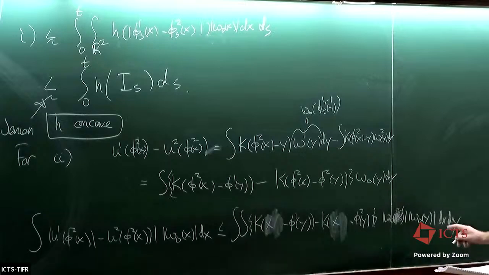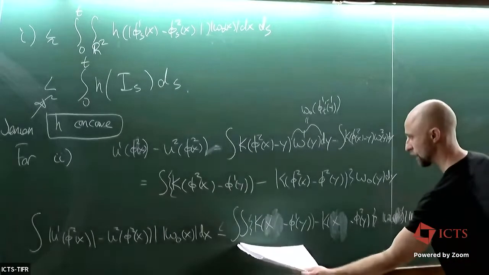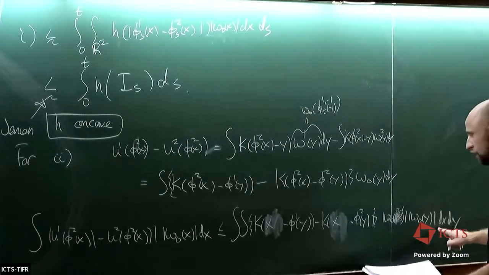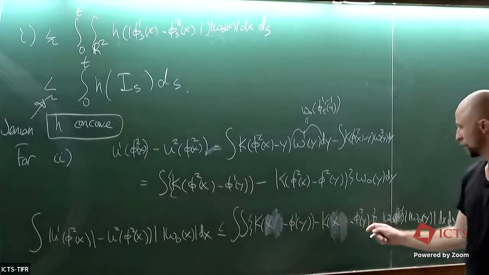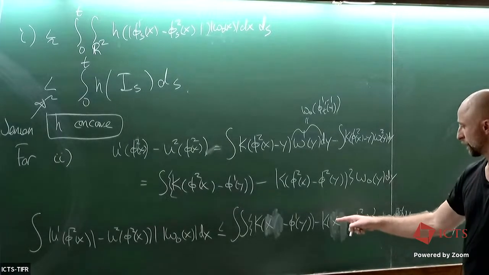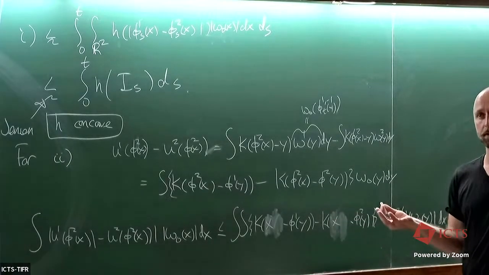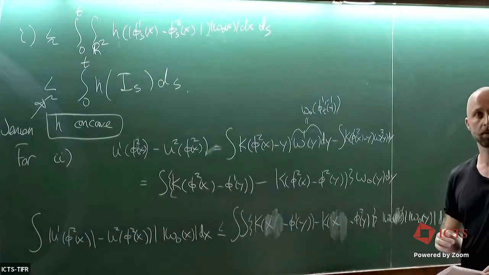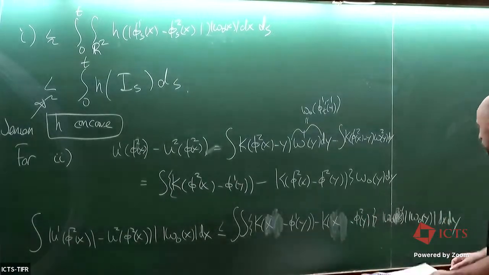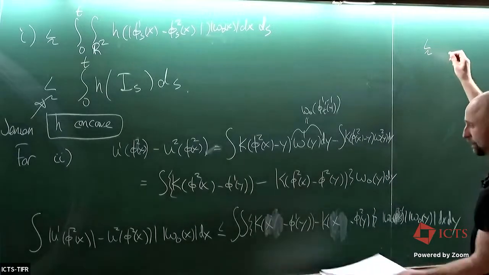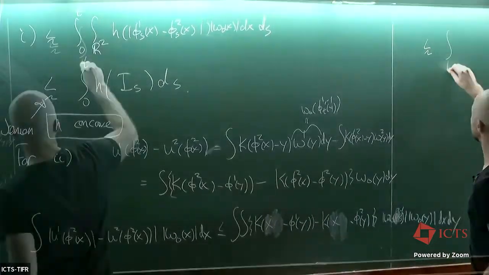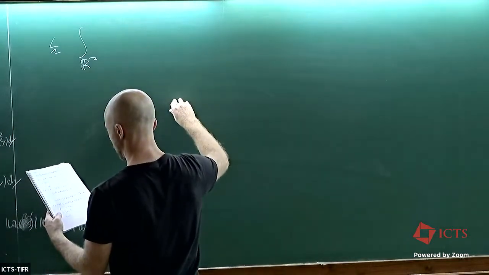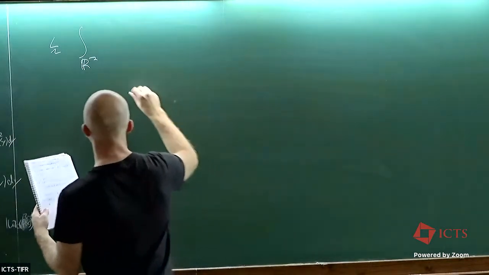Okay, but now when we're integrating this thing here, since the kernel K is symmetric, we can just interchange the order here. We see that we're left with, what do we get? We get exactly the Osgood modulus of continuity.